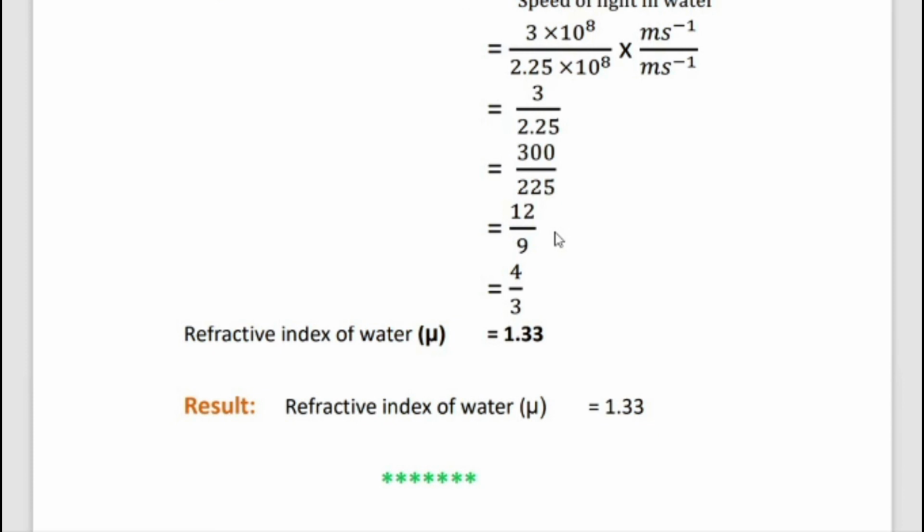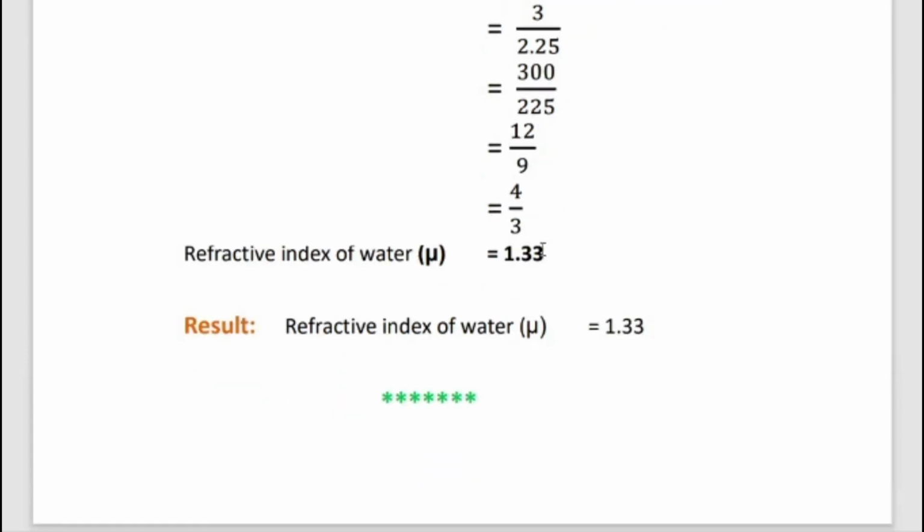Cancelling with 25, we get 12 divided by 9. So 12 and 9 reduce to 4 by 3. 4 threes are 12, then 3 threes are 9. So 4 by 3. Finally we get refractive index of water mu is equal to 1.33. It has no unit. So result: refractive index of water mu is equal to 1.33.